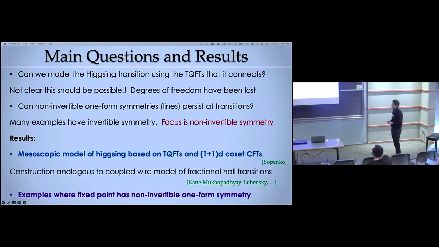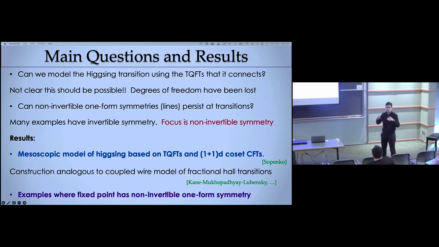Okay, so what are our main questions here? This is all well-trodden territory. So the first question is, can we get some handle on this Higgsing transition using the ingredients that are visible at low energies? So at low energies, we saw that there's this GK TQFT, this HK tilde TQFT. So we know that there are these two TQFTs that are connected.